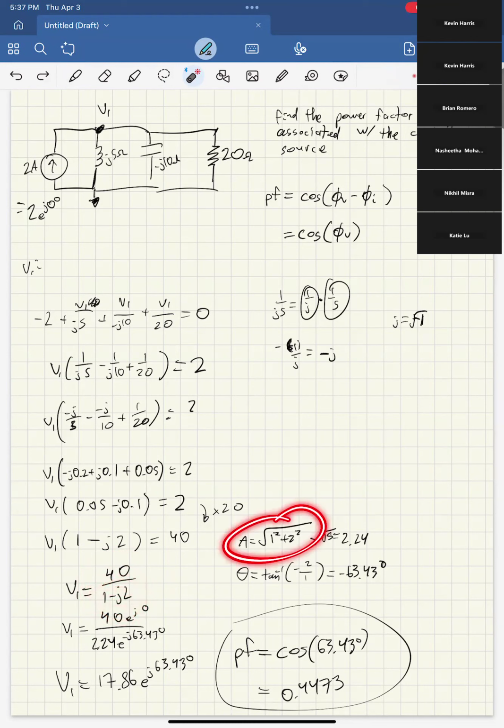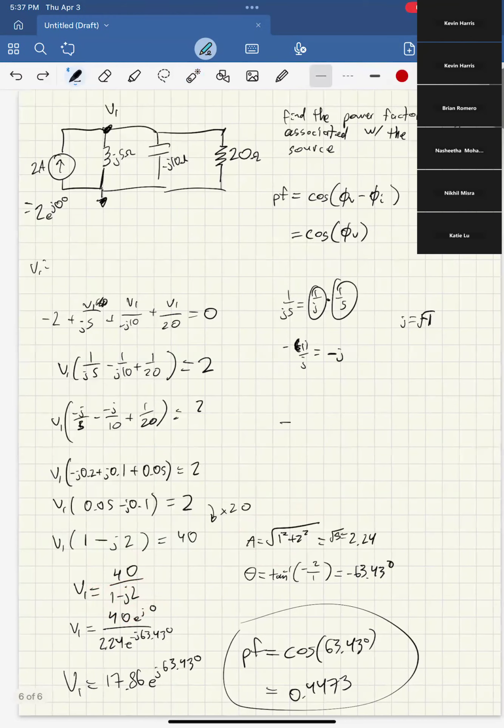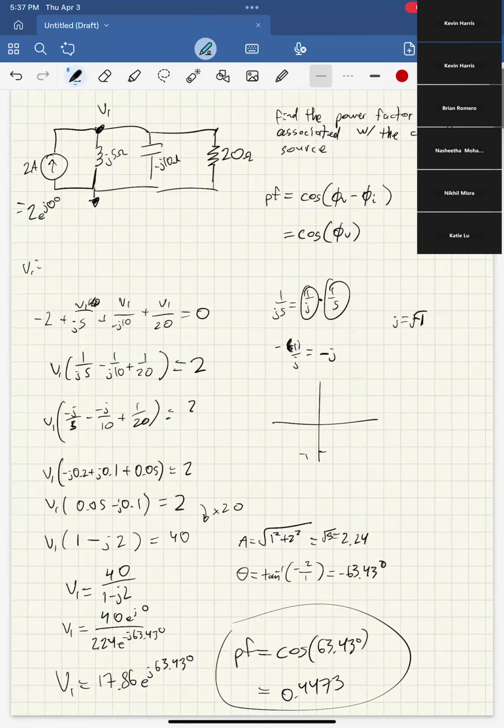It's like if we have minus j2 and we have 1, so that's like here. It's just the magnitude, so it's a squared plus b squared equals c squared, where c squared is the number we're looking for. So it's just 2 squared plus 1 squared, and that's how you get that.